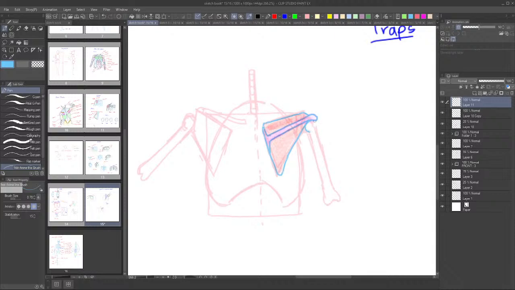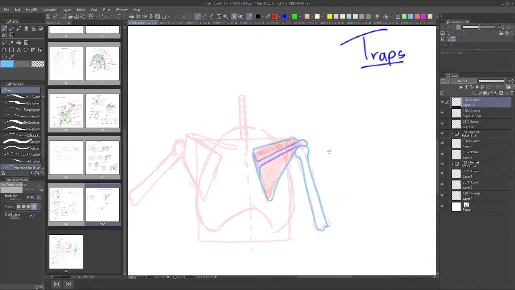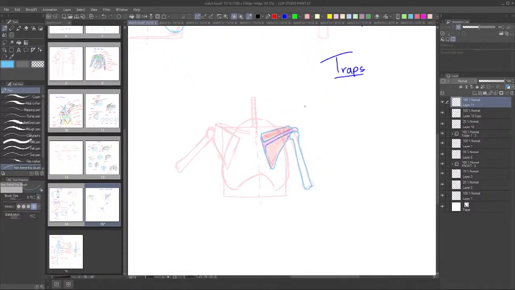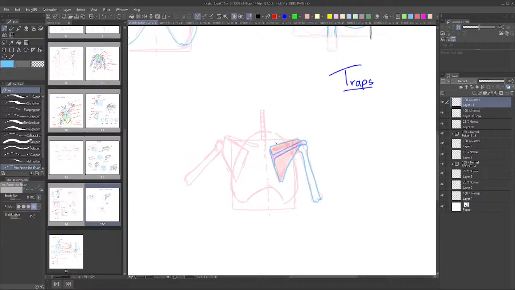We have the humerus, which is the bone of the arm, and also the collarbone.